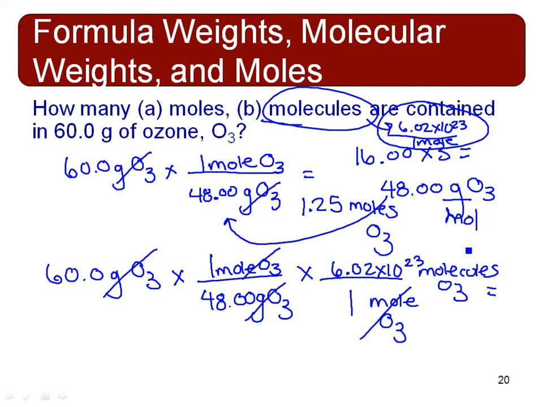If we take 60.0 multiplied times 1 times 6.02 times 10 to the 23rd, and we divide by everything on the bottom, so 48 times 1, so 48, we should get something like 7.53 times 10 to the 23rd molecules of ozone.